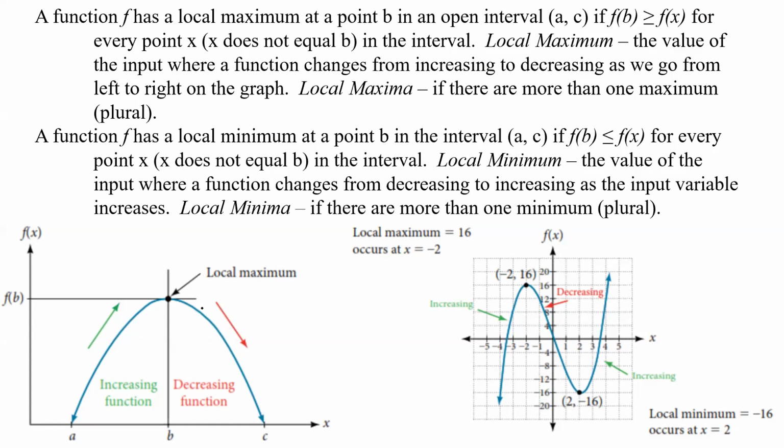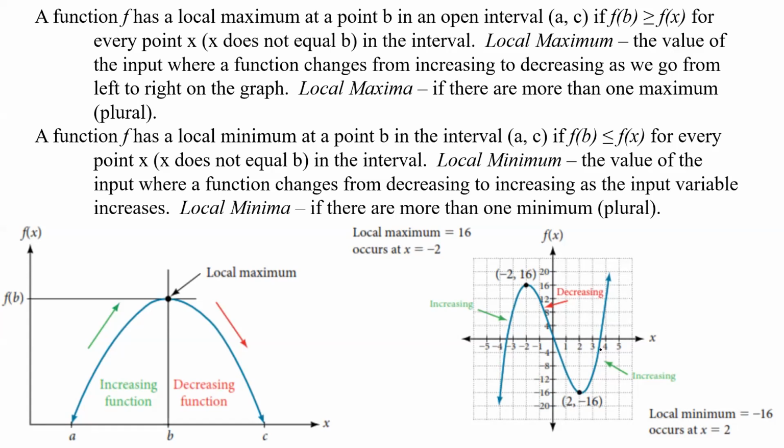Now, a local minimum is kind of the opposite. It's going to be more like this point here, okay? At that point B, all the other x's, so if we go from 0 to, I don't know, 3.7 or something like that, all the points in between here are going to be greater than what f of b is, okay?